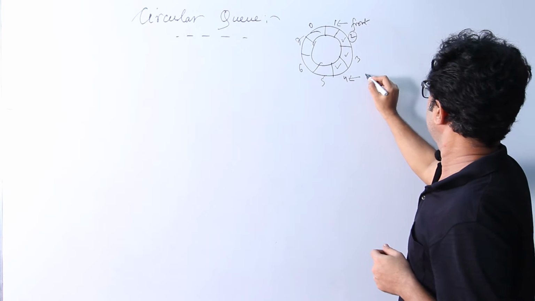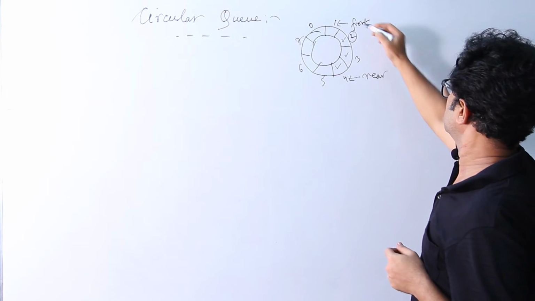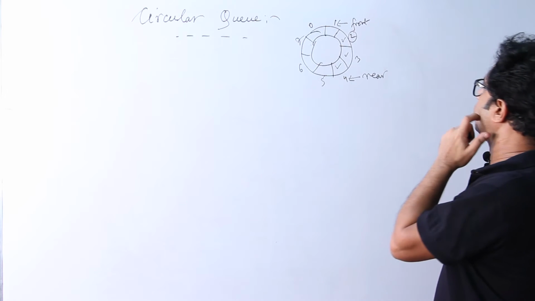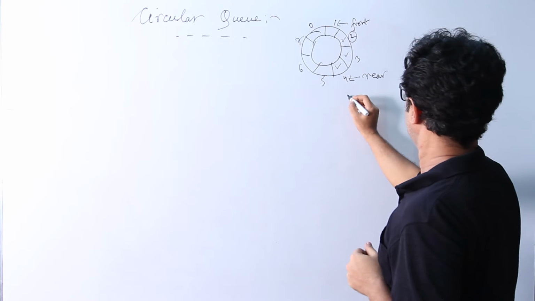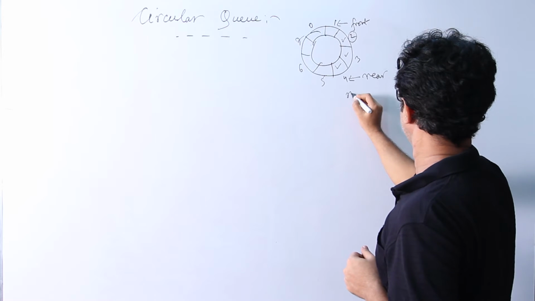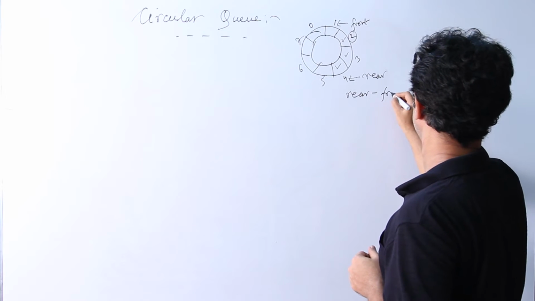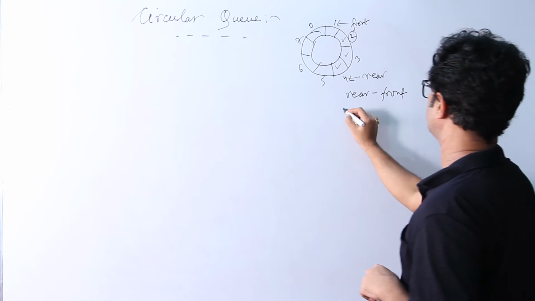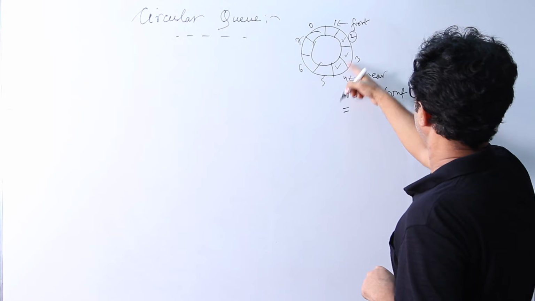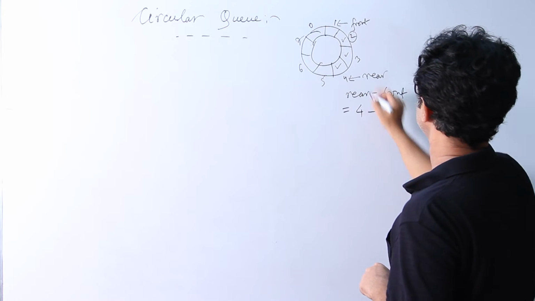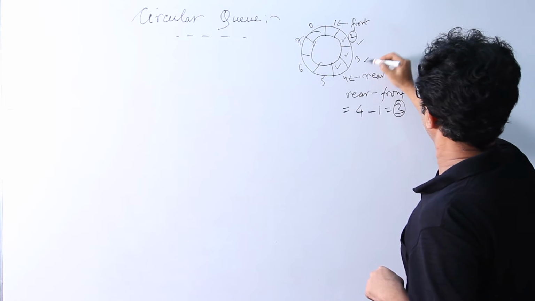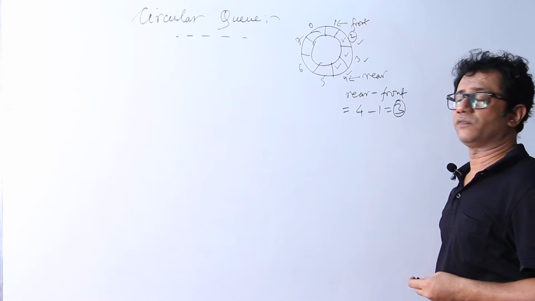So this will be rear. Front will be 1 and rear will be 4 in this case. If we do this calculation, rear minus front, which is quite similar to what we studied in the queue data structure, that is 4 minus 1, so 3. The length of the queue is 3 because there are 3 elements in the queue.